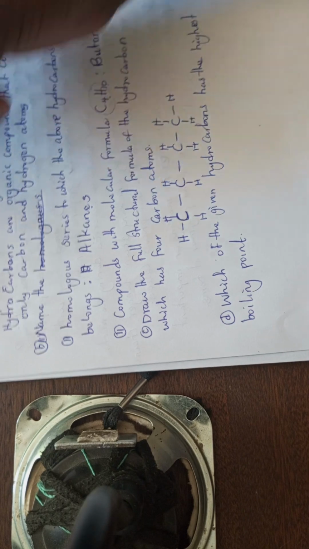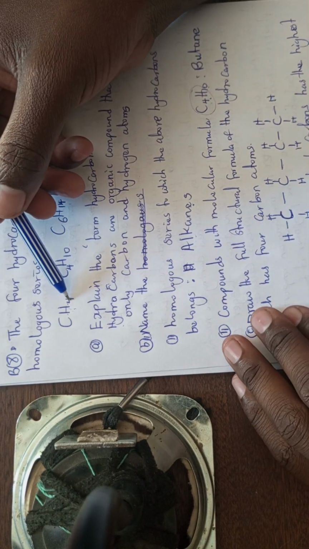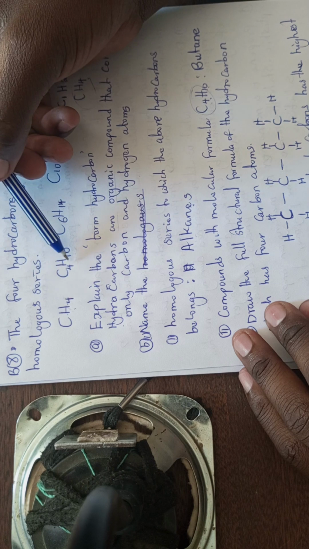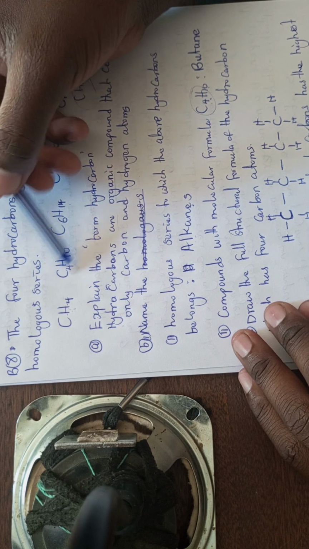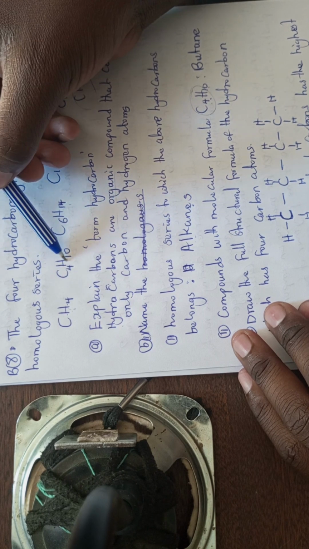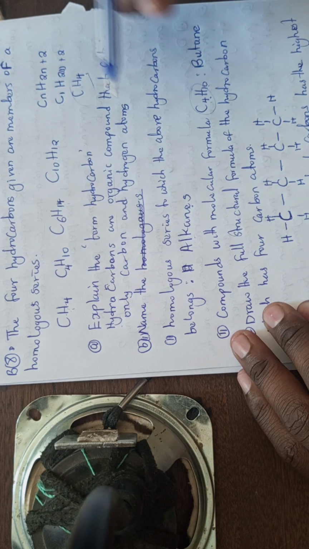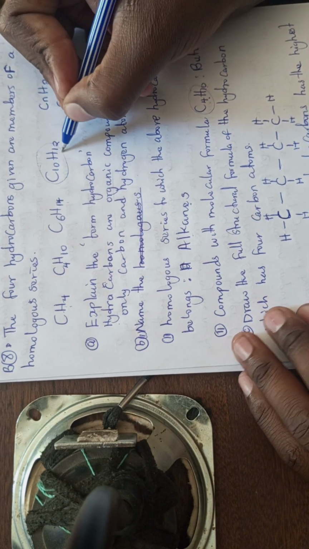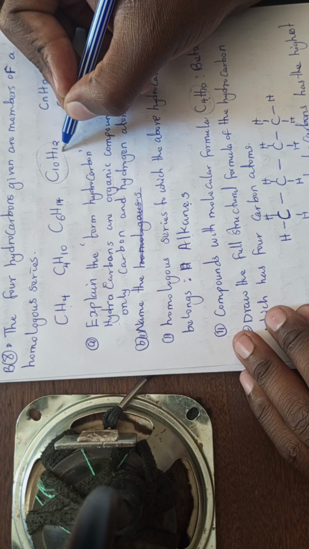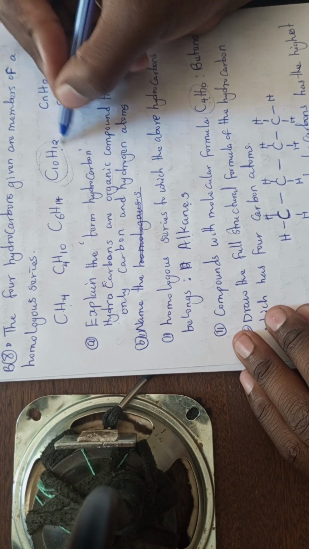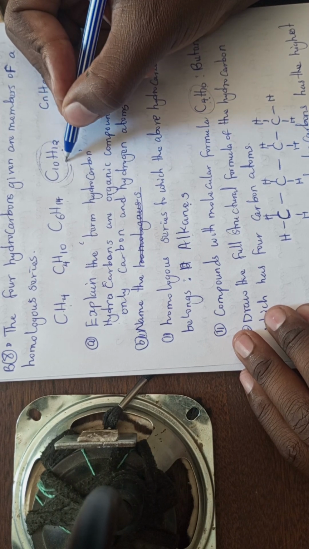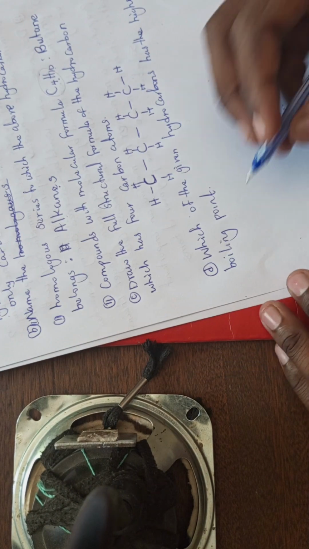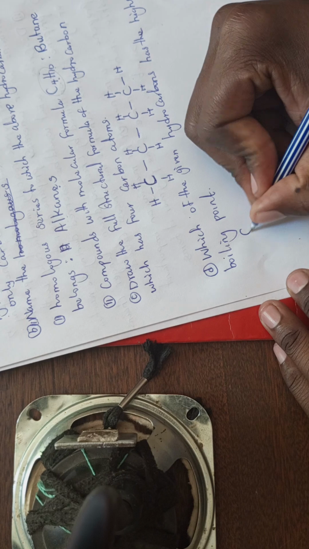As you can see here, this one has the lowest boiling point, followed by this one. The melting point and boiling point for this one is higher than that one. But as far as this is concerned, we have decane, which has the highest number of carbon atoms. So we expect this one to have the highest melting and boiling point. So we are going to write C10H22.